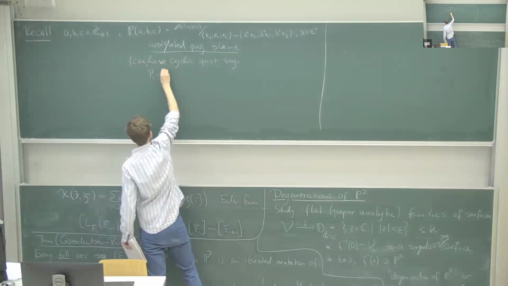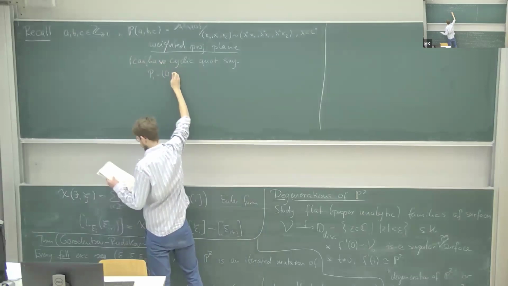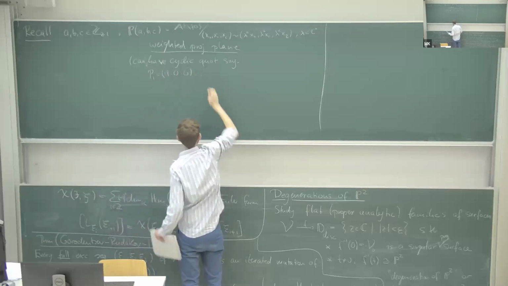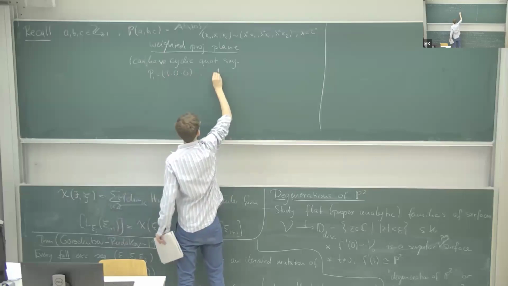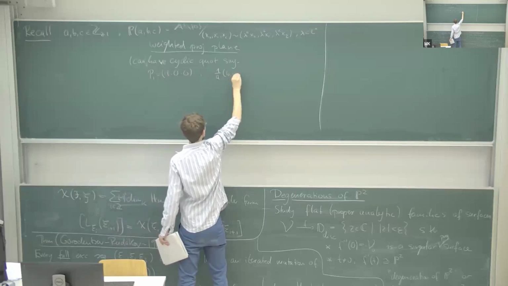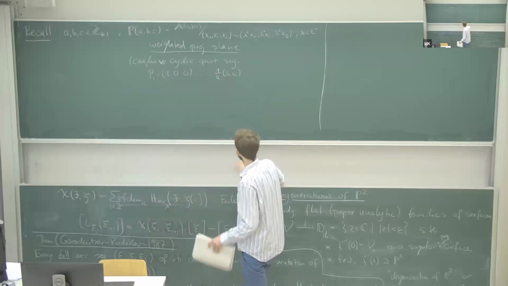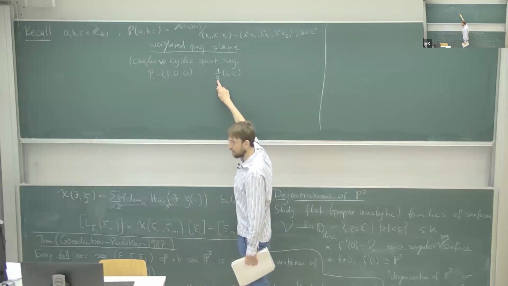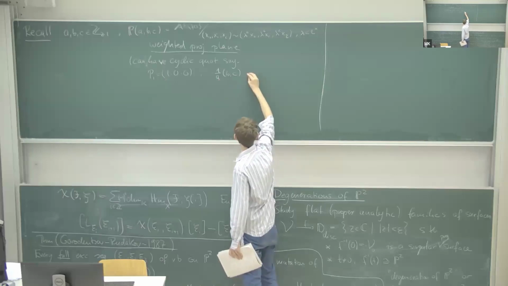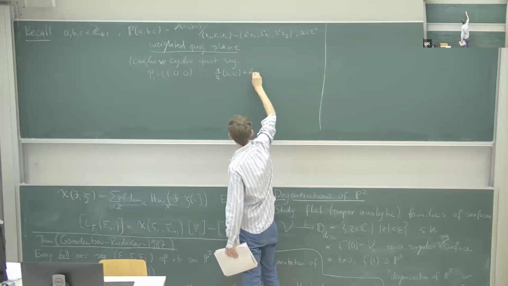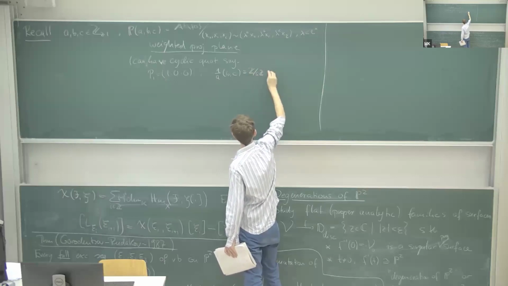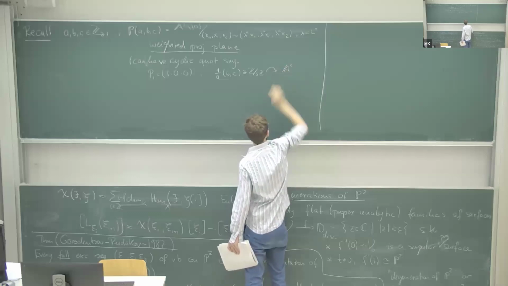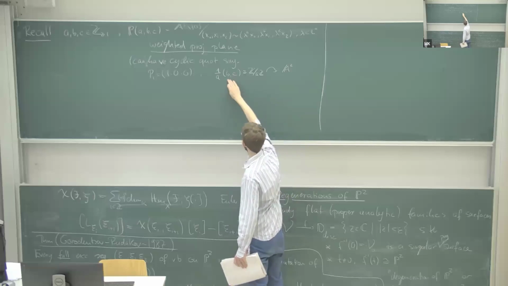In P1, which I want to call P1, the singularity is 1/a(b,c). So what does this notation mean? This means we take a cyclic group of order a, isomorphic as a group to Z modulo aZ, and we act with this on A2 with weights b and c.